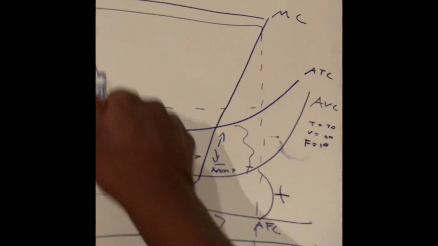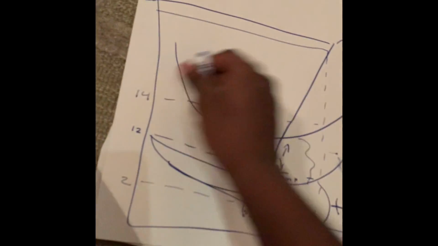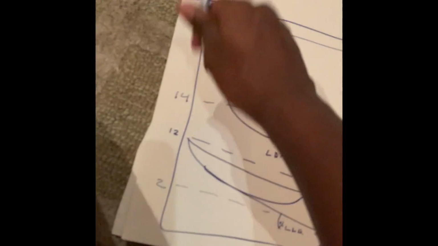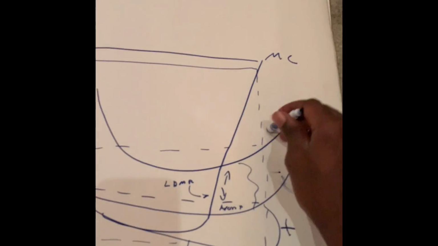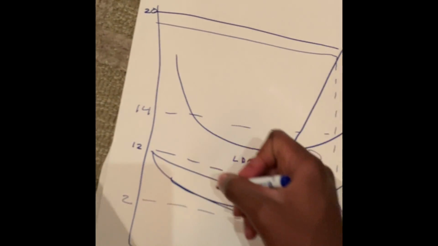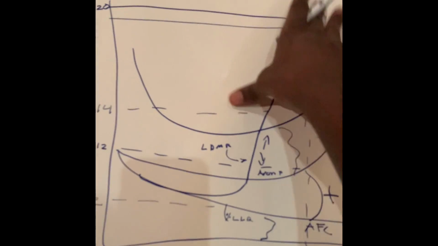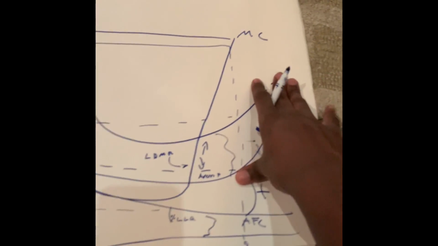You also may be looking at the average total cost and seeing that it's making a U, and the average variable cost is also doing a U. What's important to understand is that these are connected to the marginal cost. As it goes low, the average and the average variable costs go down. But when it increases, these increase.